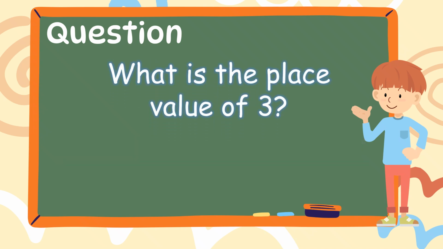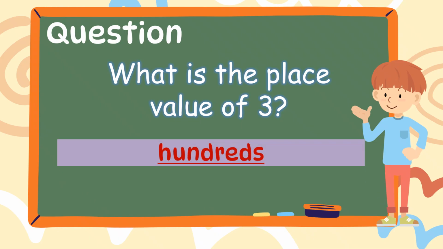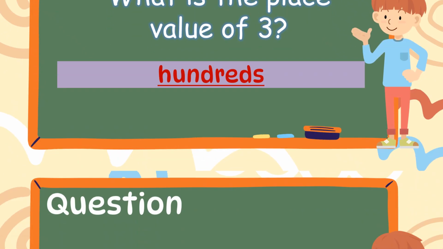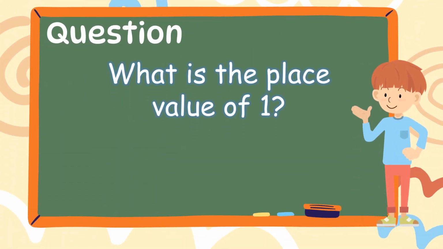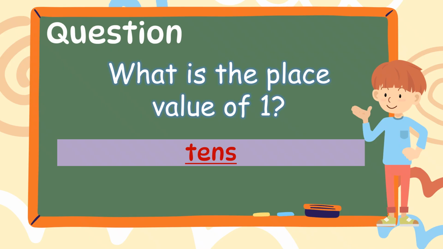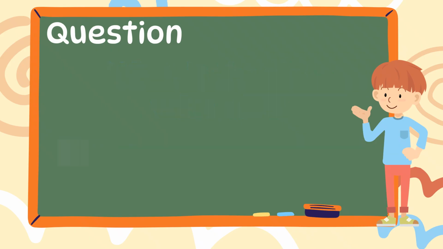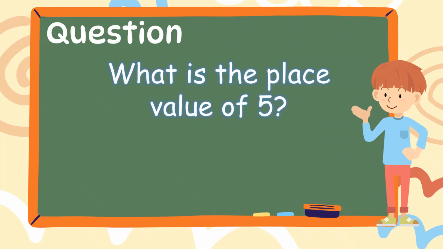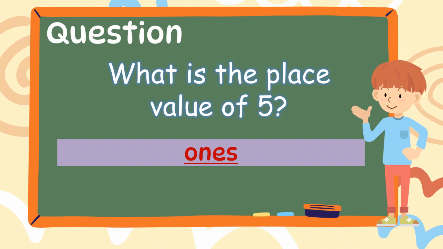What is the place value of 1? Hundreds. What is the place value of 6? Tens. What is the place value of 0? Ones. So 160 gives you three digits.